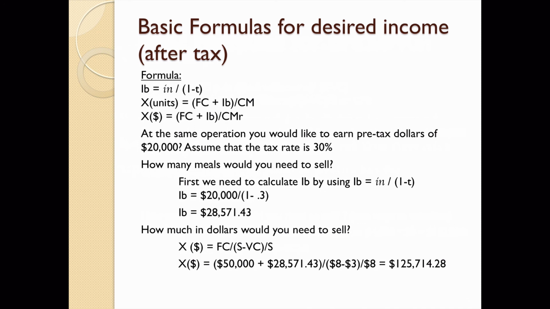Our formula actually should say fixed costs at the bottom of the page plus IB as it does up top, divided by sales minus variable cost divided by sales. So we plug in those numbers, we add the 50,000 to the 28,571.43, and we divide that by 5 divided by 8, and we get 125,714.28.